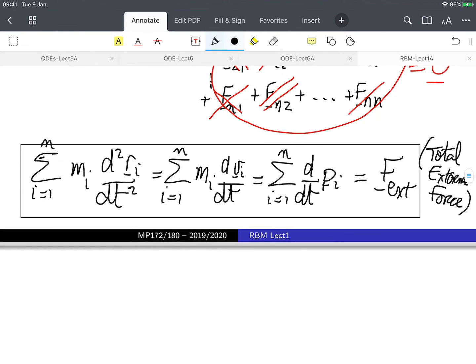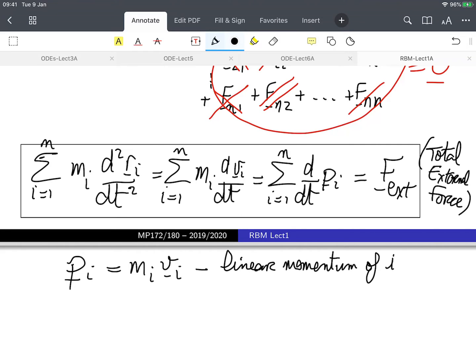So let's just write what that is. Pi, remember that's the linear momentum of the i-th particle. Then I can see I have the sum of d/dt of the, I can take the d/dt out.